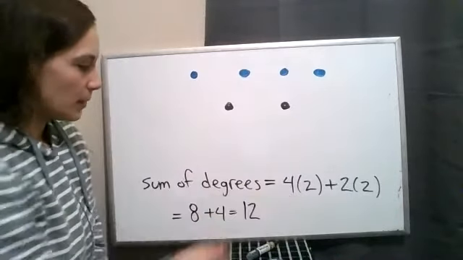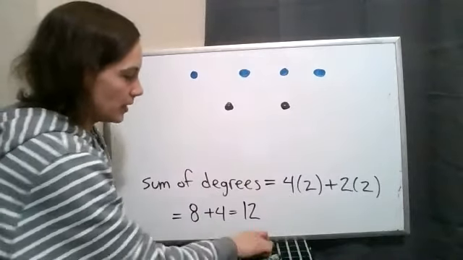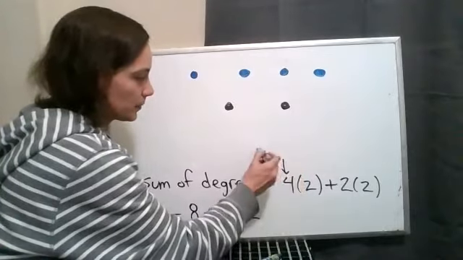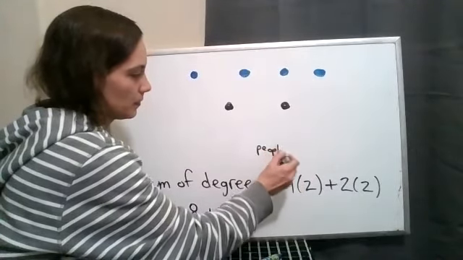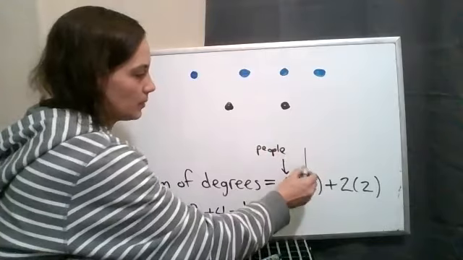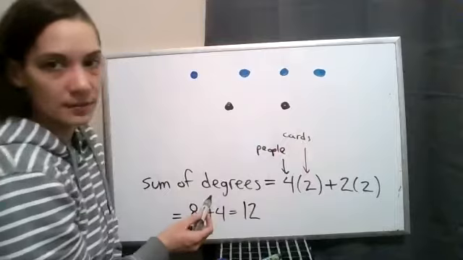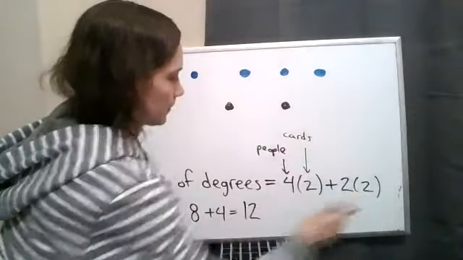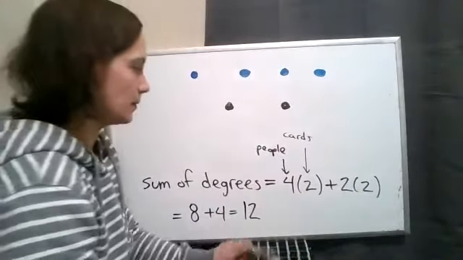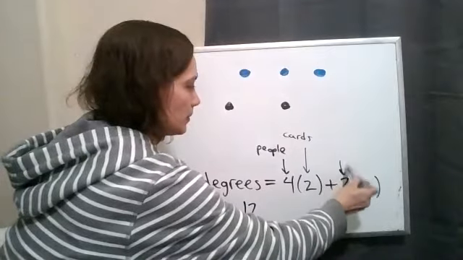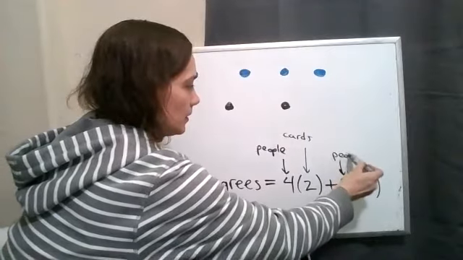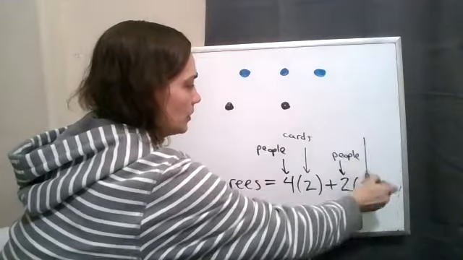So earlier I was talking about this was for people, and this was the number of cards that each got. And people. 2 people got 2 cards.